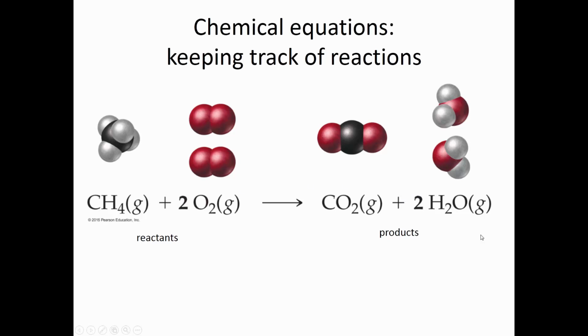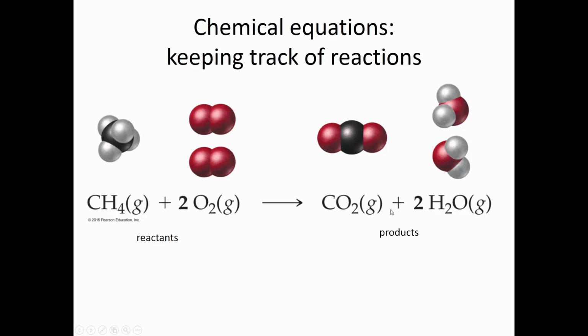These numbers are what we call coefficients, and these numbers are indicating how many, basically at this point we can think of these as molecules, how many molecules of oxygen we have here. So we're saying 2, and we're representing this pictorially as well. We don't have a number here. If we don't have a number, we assume that is a 1. So we have 1 of this and 2 of these. And over here we have 1 of this and we have 2 of these.